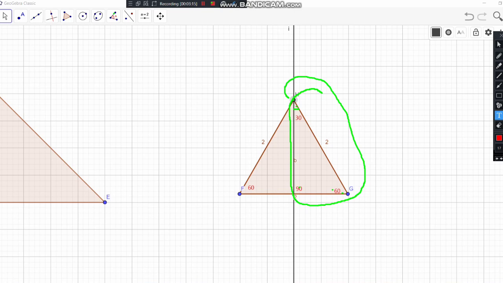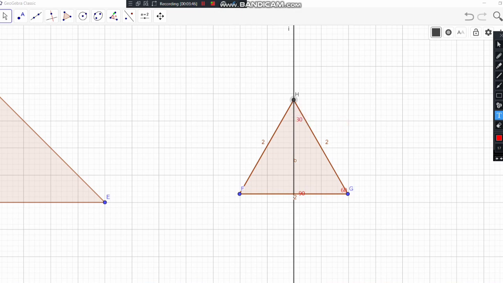Now, as we did with the isosceles right triangle, we are going to find out the ratio of sides of a triangle with angles 30, 60, 90. This angle is equal to 60, this one is equal to 90, and the third angle is equal to 30.